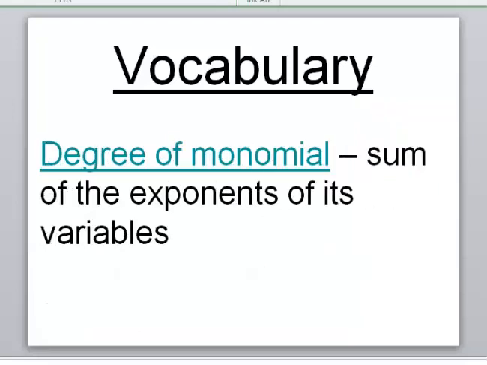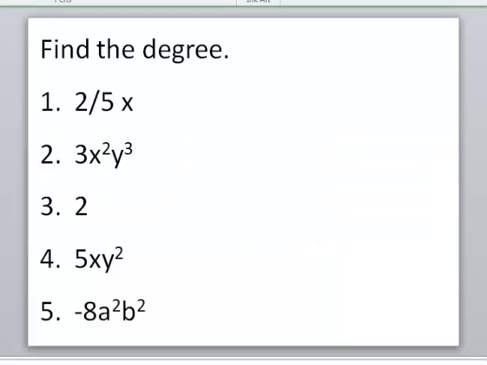So there's such a thing as a degree of the monomials, and what that is, it's the sum of all the exponents. So if I'm going to find the degree on each one of these, it's the sum of all the exponents. So this has an exponent of 1, so the degree is just 1.